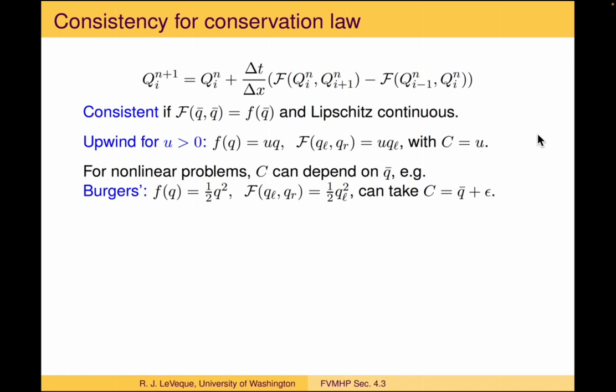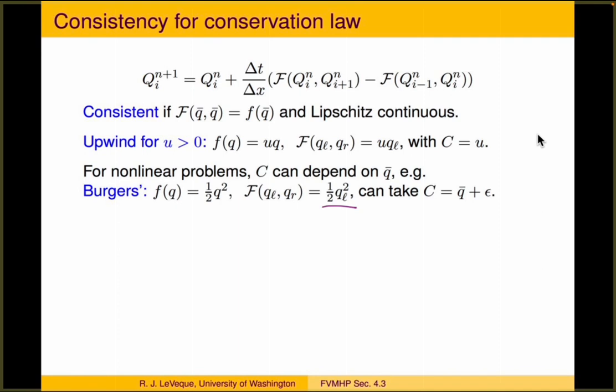So for example, if we look at Burgers' equation, where f of q would be a half q squared, then if you think about the Lipschitz continuity condition, and if we use, say, the upwind flux, well, assuming q is positive, the upwind flux would again be looking at the flux to the left of the interface, which would just be a half q_l squared.